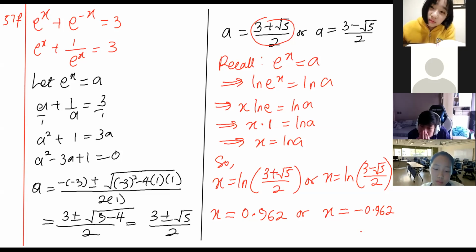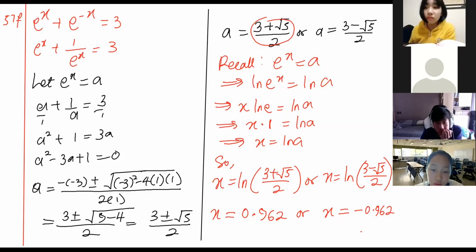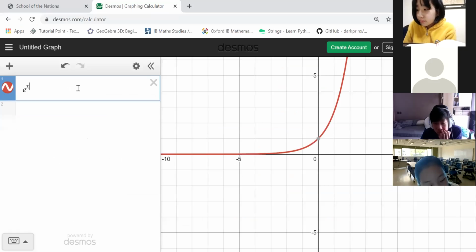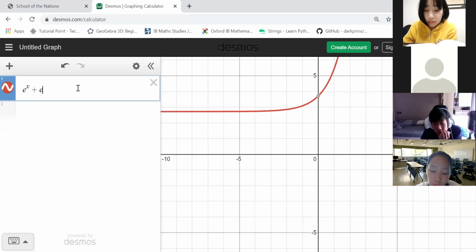Another way to check this is this. Everybody, if you can quickly go to your decimals calculator page, I'll share my screen with you. e to the power x plus e to the power minus x minus 3.